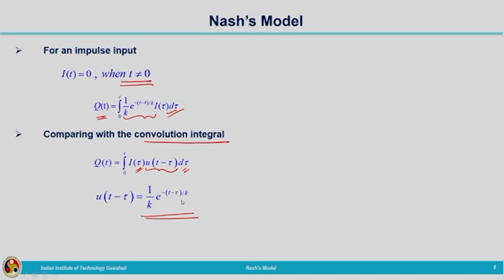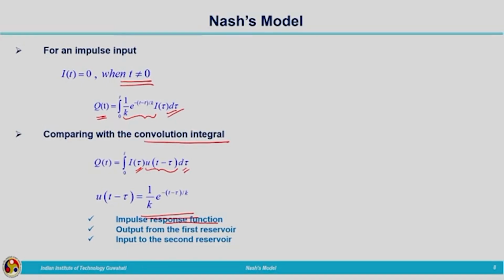What is u(t minus tau)? It is the impulse response function. A system is acted upon by an impulse input at time tau. The response from the system after a time tau, that is at t minus tau, is given by u(t minus tau). That is nothing but our impulse response function, represented by the output from the first reservoir. So this is the output from the first reservoir.